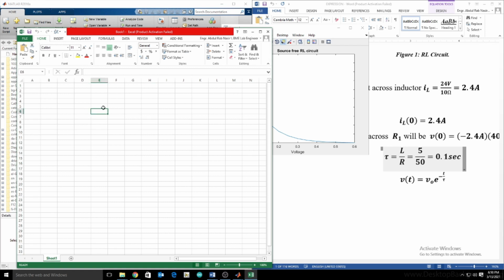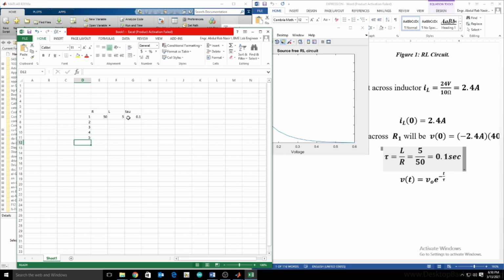The R is 50 ohm and L is 5, and the formula for tau is L upon R. So the value of L divided by R is for 1 tau, and then we write 1 tau, 2 tau, 3 tau, 4 tau, 5 tau.